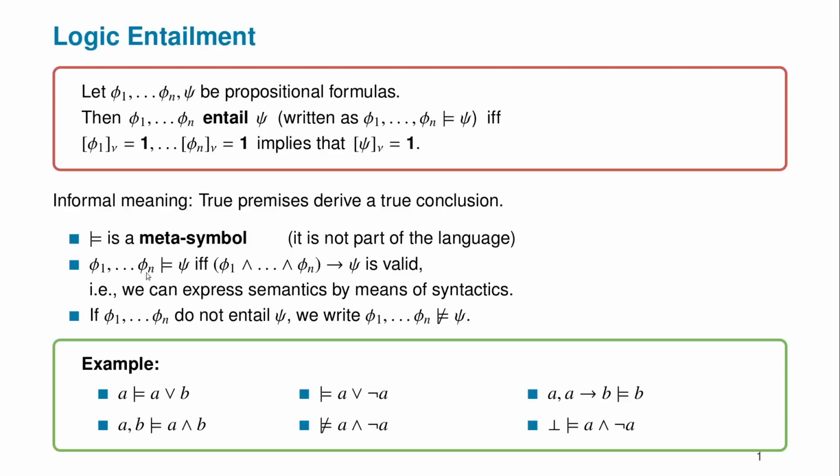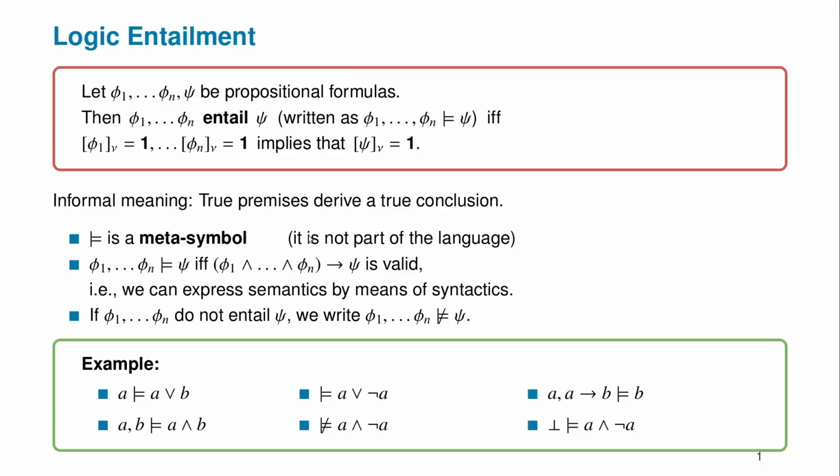And we can also express this entailment property in terms of a propositional formula. Here we use implication: phi 1 to phi n entails psi if and only if the formula phi 1 and phi 2 and so on and phi n implies psi is a valid formula.